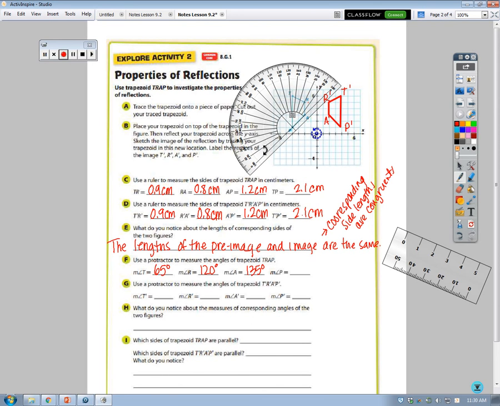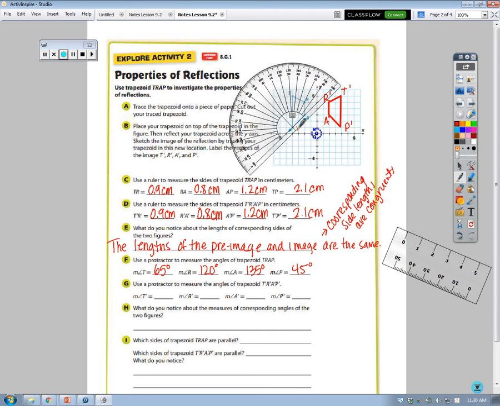Yeah, it's a little better. So between 45 and 50 degrees, it's definitely not 50. Okay, let's go ahead and put 45. Let's try and be as accurate as we can here. So 45 degrees. All right, so now we need to measure the angles of our image.